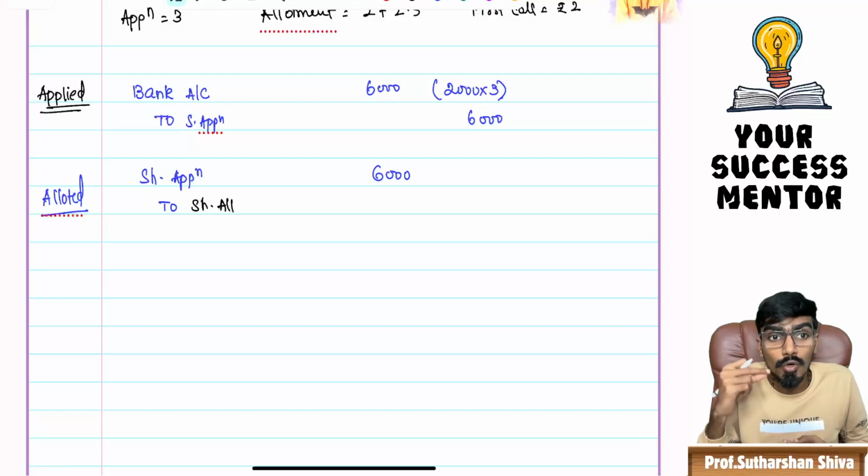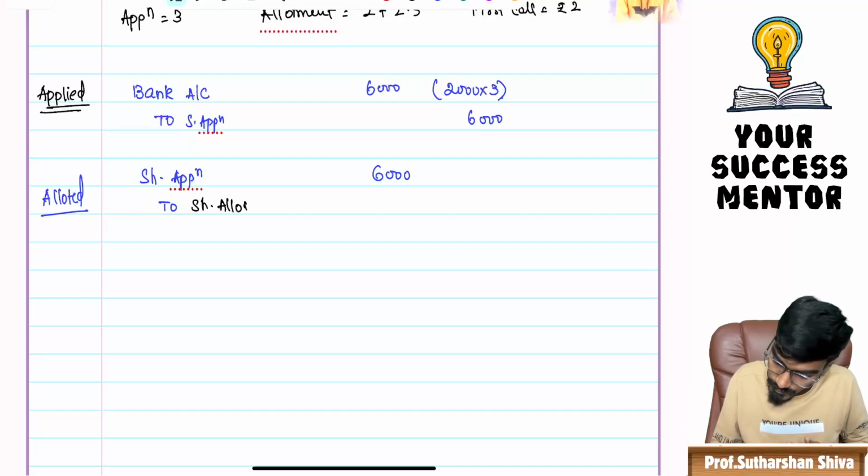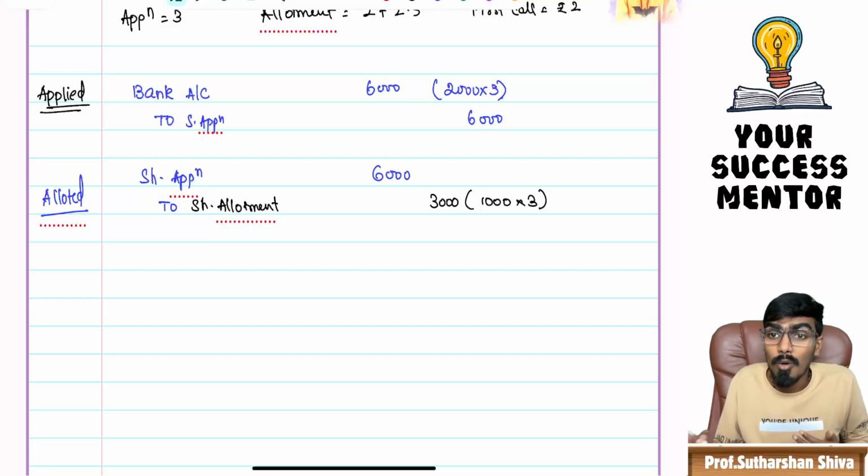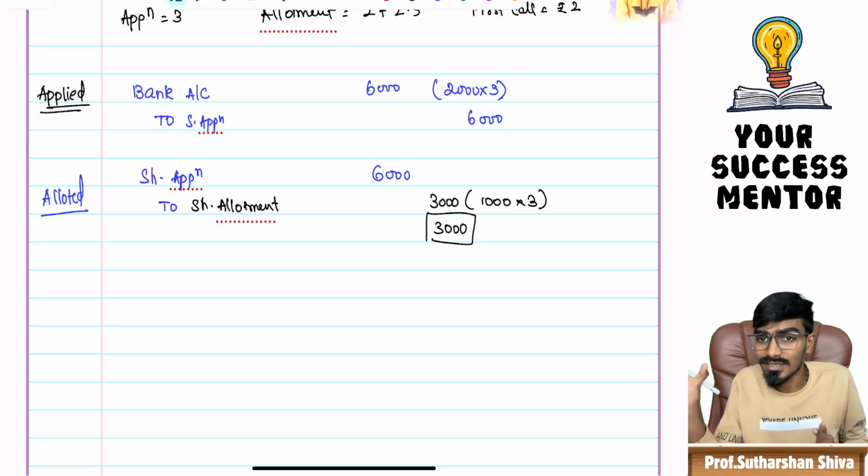I am asking you people, how many shares have been allotted? 1,000 shares, sir. So 1,000 into 3, how much will you get? 3,000. How much is in excess? 3,000. If the question is silent, you are not refunding, you are adjusting.